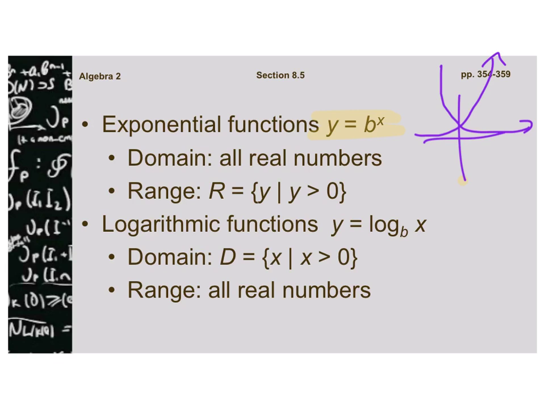Notice it's getting to all x values, so your domain is all real. On the other hand, your range is wherever the asymptote was, in this case 0 or greater. But it can't ever equal 0 because it's an asymptote and it never quite gets there.